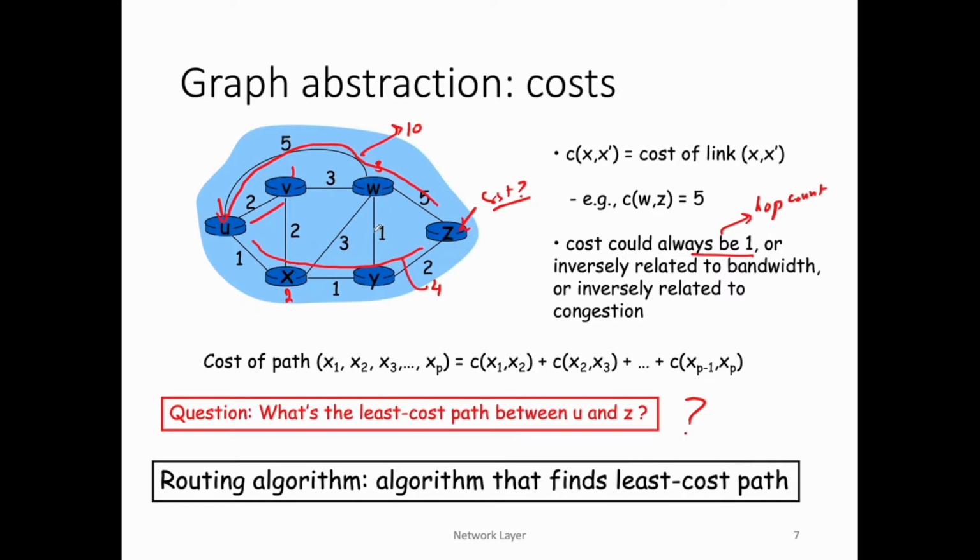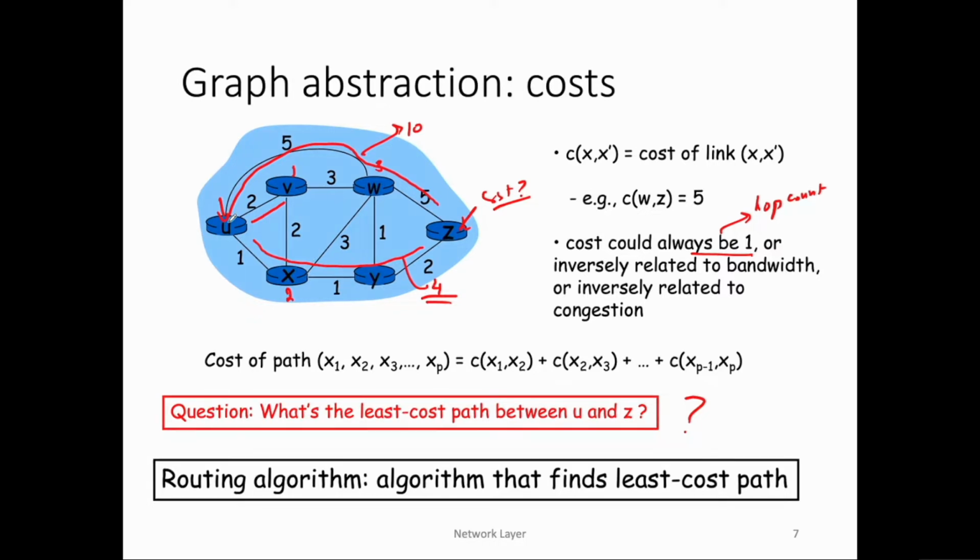So obviously this cost is 8. Again, it's greater than the cost that we have calculated here, 4. So the least cost to reach from U to Z is 4, that is via neighbor X. So if U has to forward data to Z, obviously you will forward it via X, because via X it has the least cost to reach the destination Z, right?